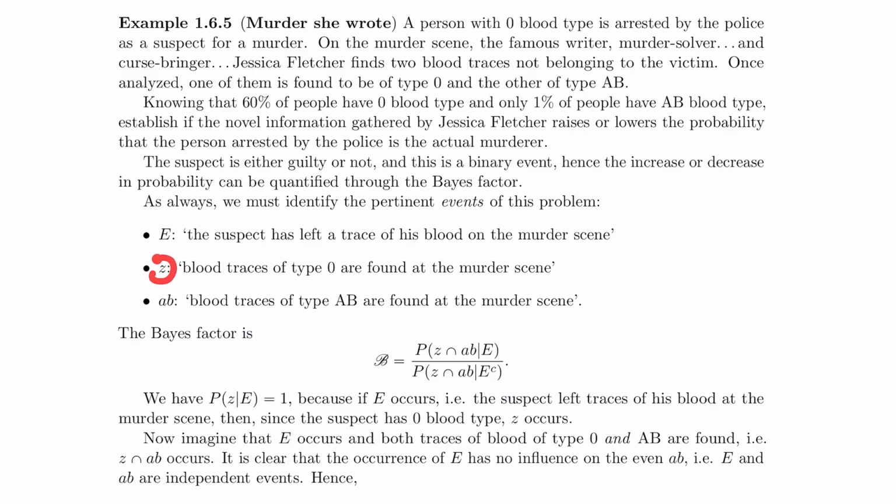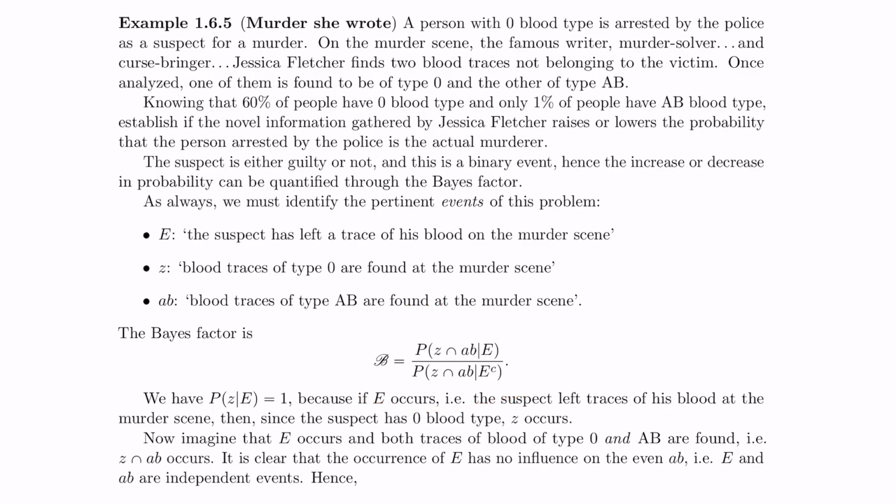Then we have the event Z, that is, blood traces of type 0 are found at the murder scene, and the event small ab, that is, blood traces of type AB are found at the murder scene. Since both Z and AB occur because they are found by Jessica Fletcher as blood traces, we have to consider the intersection between these 2 events, and the Bayes factor is this one here.